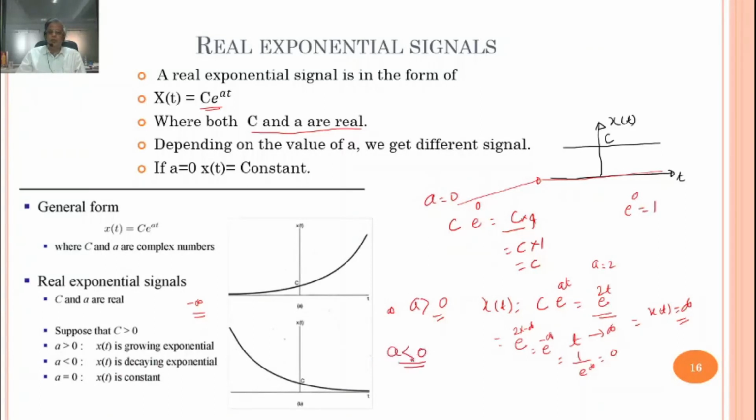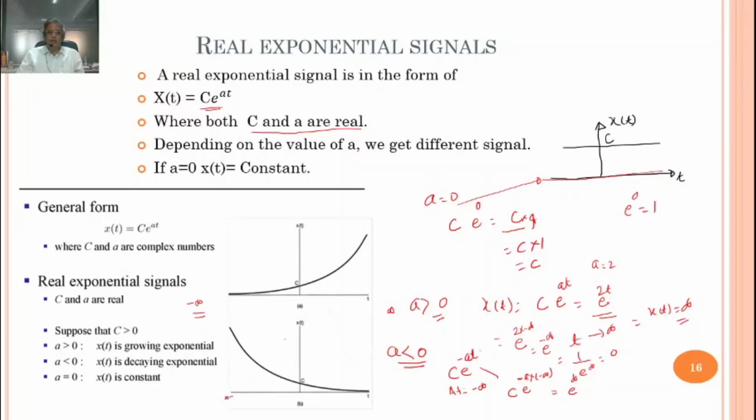Similarly for a less than 0, means for the negative value of this a, the signal is e raised to minus at. And for positive value of this t, this is e raised to minus infinity and that is 0. And at t tends to minus infinity, the signal is e raised to minus a into minus infinity, and this becomes e raised to infinity.